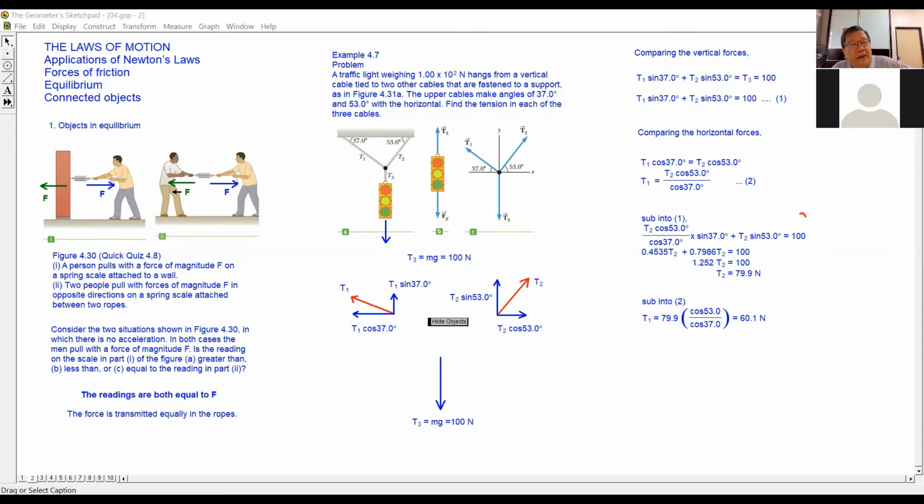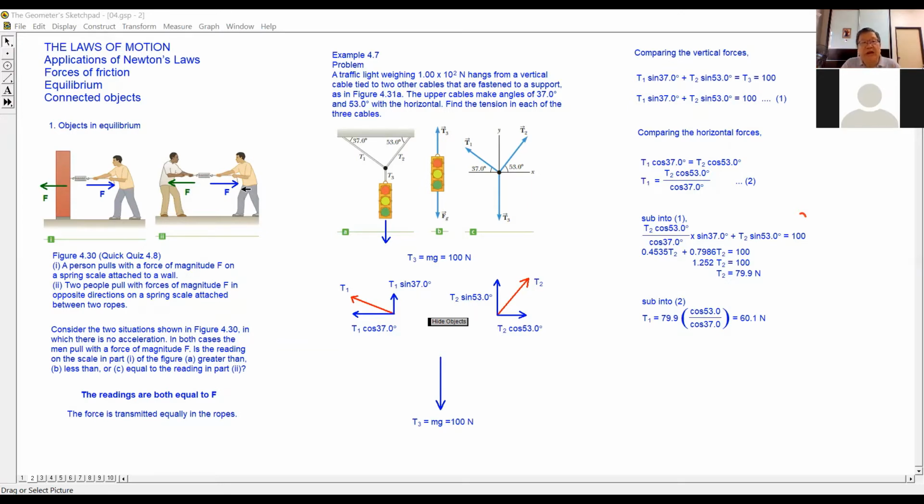The force exerted by the man on the right is F. In the second case, the force exerted by the man is also F. So the man is pulling with the same force. The size of the force is the same.